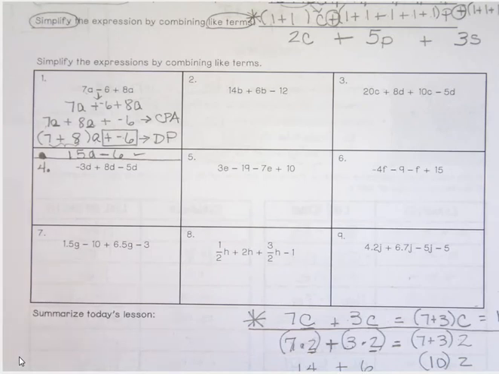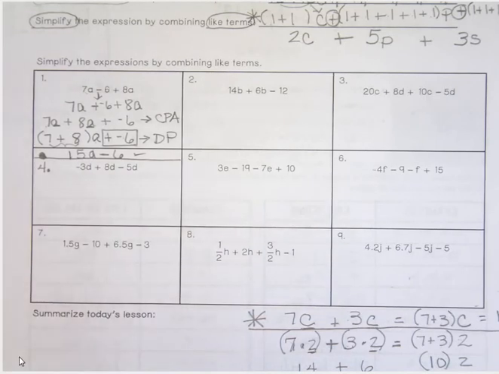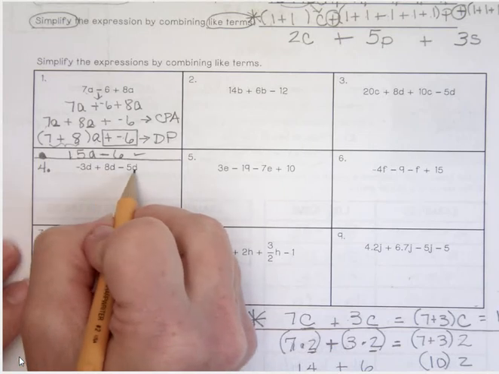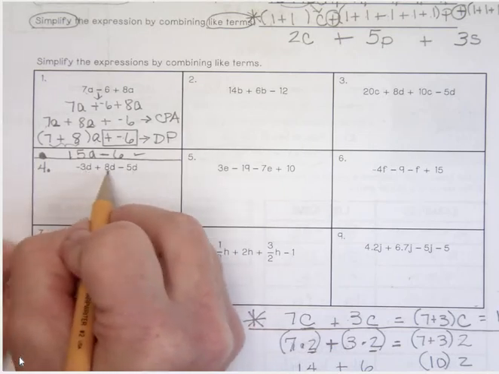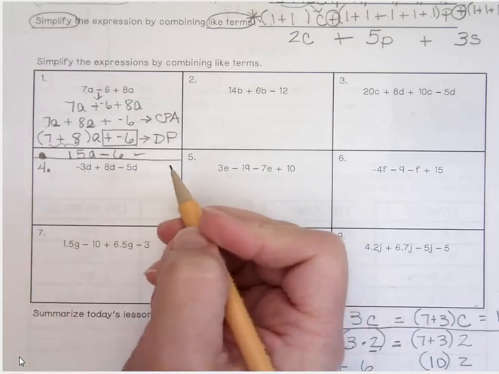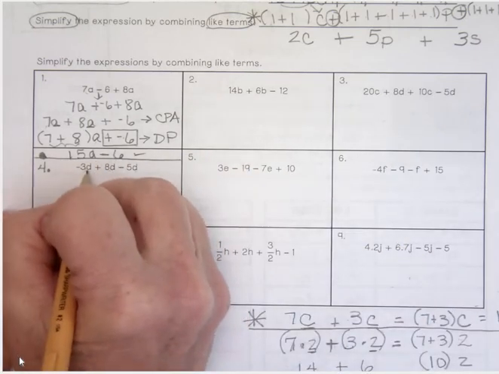All right, let's try it again. We'll go ahead and do 4 since I kind of messed that box up. And I count my terms. 1, 2, 3. I notice I have negative, positive, negative. And I also notice that all 3 terms are like terms. So I do not really need to do the commutative property because everything is in order. So I will begin factoring.